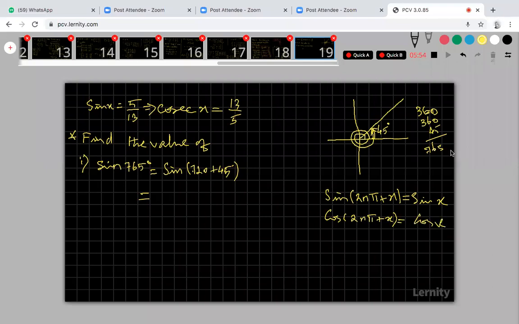So 2 pi means that is 360, and 4 pi means that is 720, and pi by 4 means that is 45 degree.